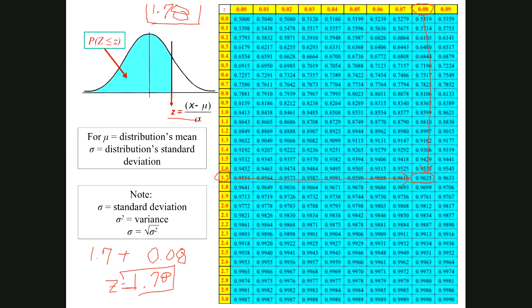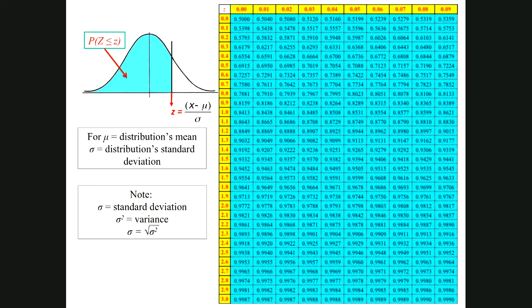Now, I do want to point out there are two different tables placed in the D2L in the lesson folder for lesson 3. One of which looks like this, except it's just black and white, and it doesn't have the blue and the yellow.